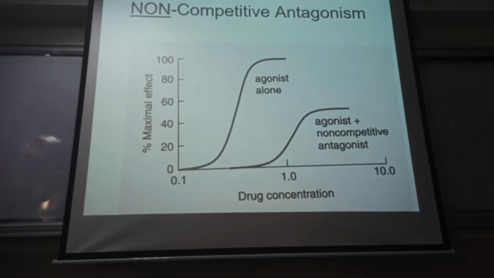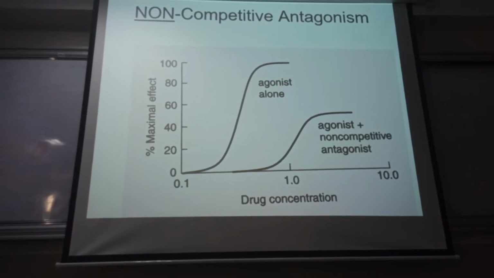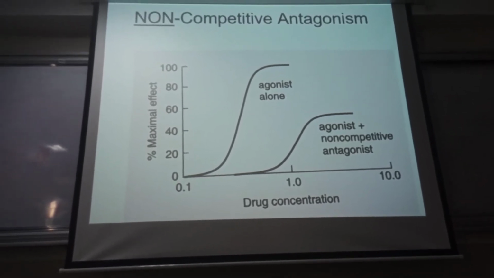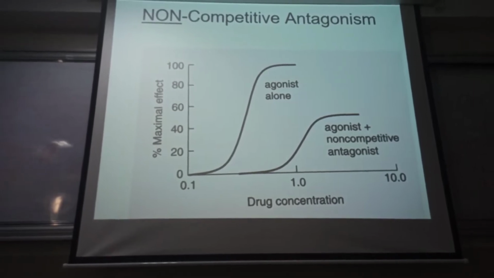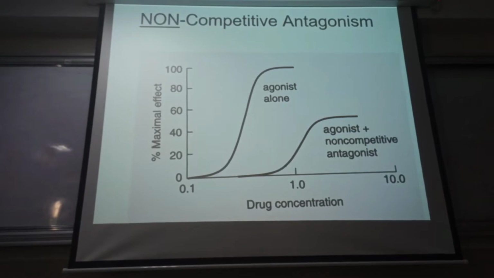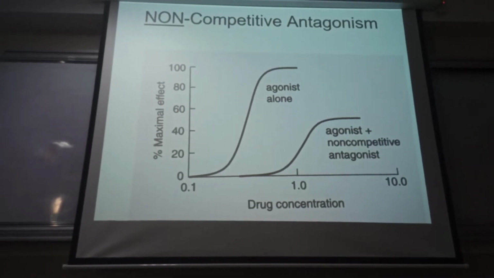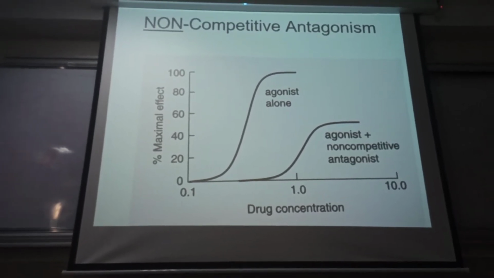But in non-competitive, we have two different sites. In competitive antagonists, they compete with each other for binding, agonist and antagonist. And if the concentration of agonist is increased, then we can overcome. But in non-competitive, we have two different sites.